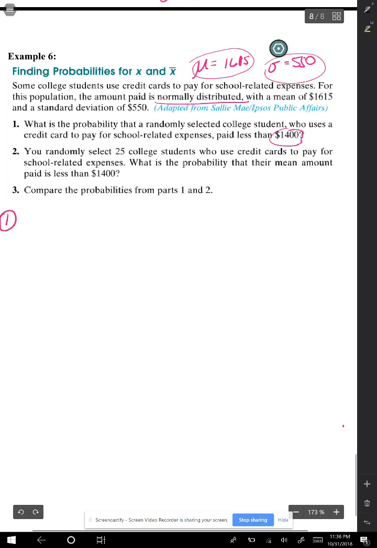On part 1, my z-score is x minus mu over standard deviation. So 1400 minus 1615 over 550. That comes out to negative 215 over 550, which is approximately negative 0.39.